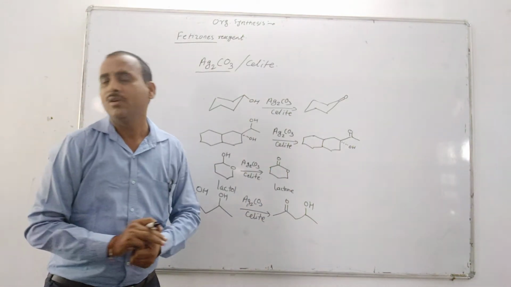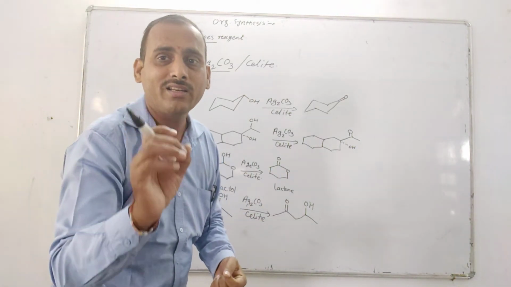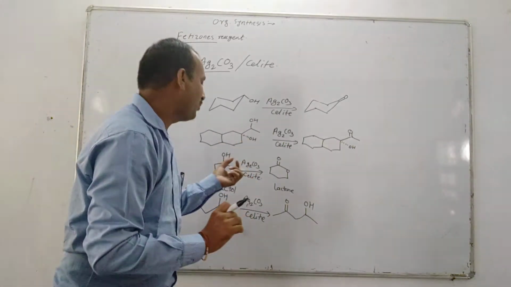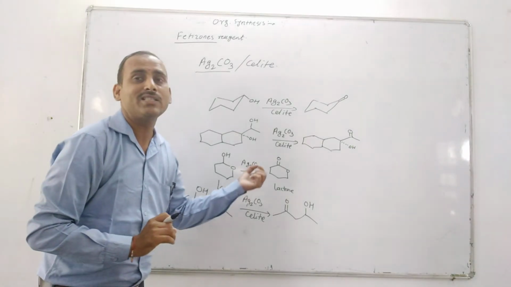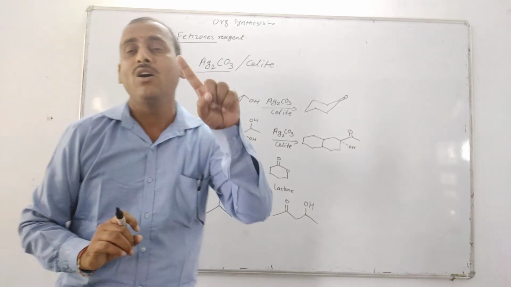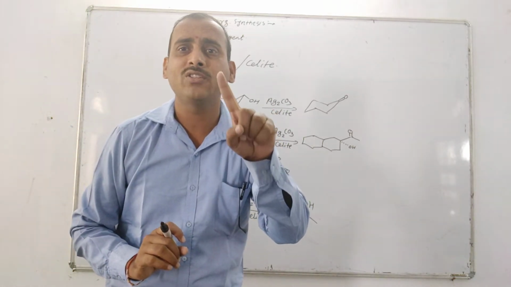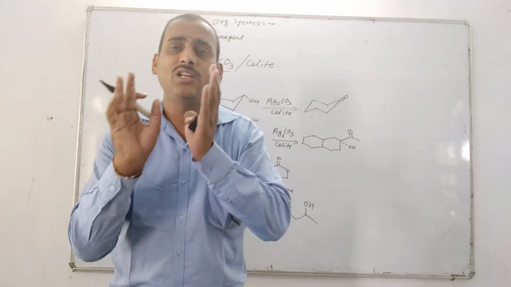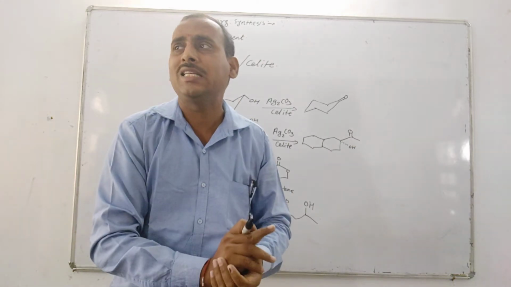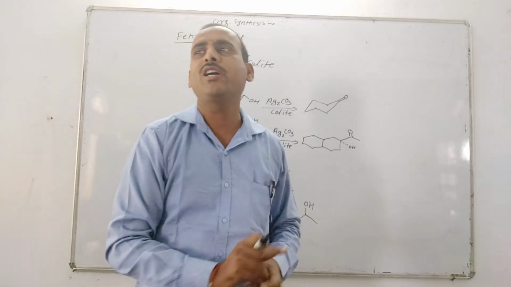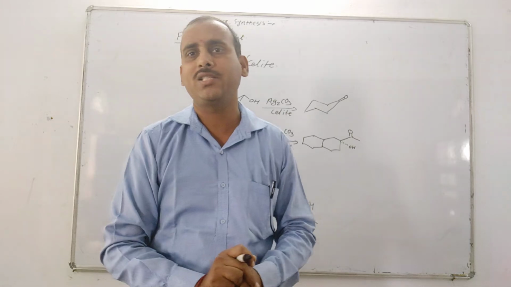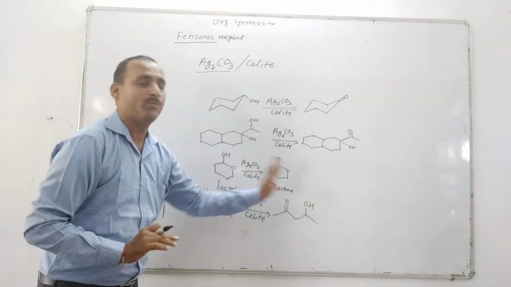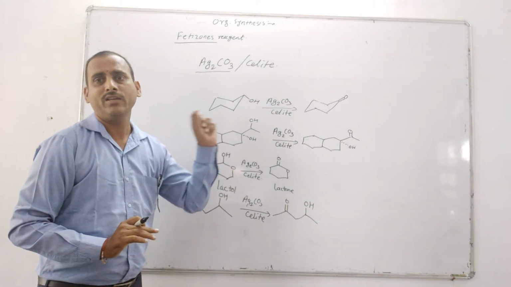It means it is a mild reagent, and the mildness of the reagent is selective only for the oxidation of one hydroxyl group. When there are two hydroxyl groups in a symmetrical diol, only one hydroxyl group gets oxidized to form the carbonyl compound. Okay, next.